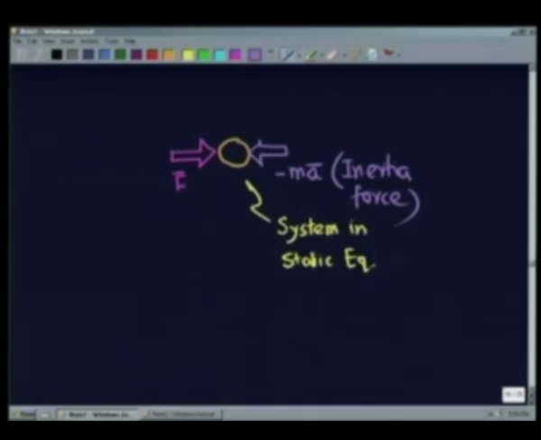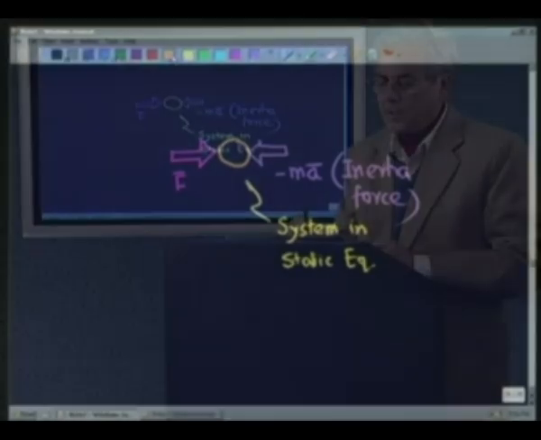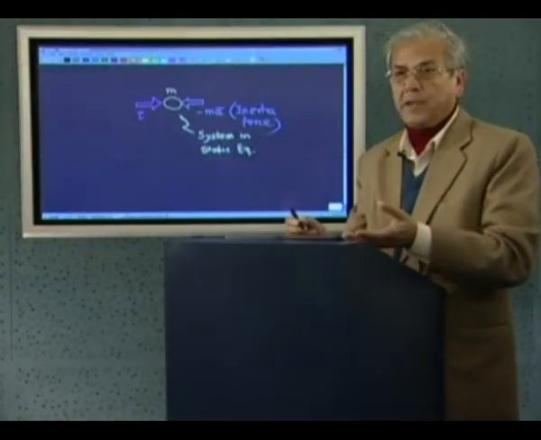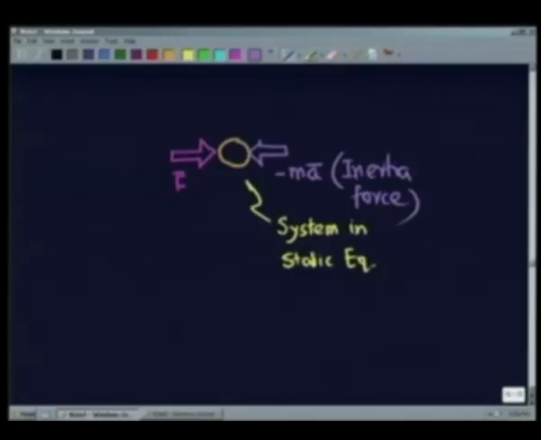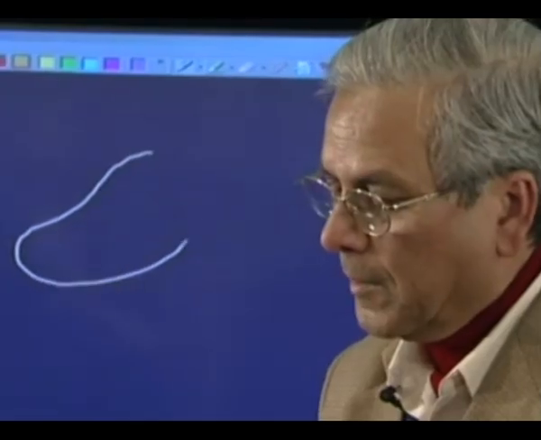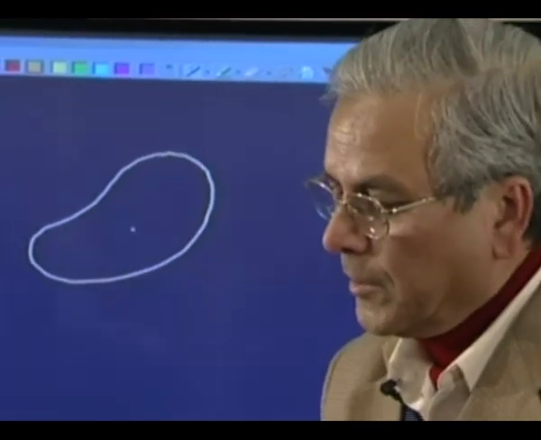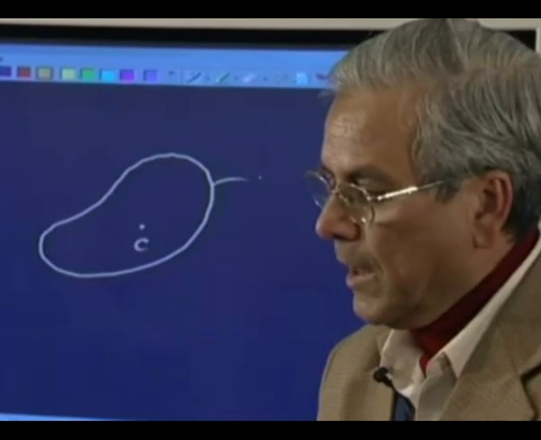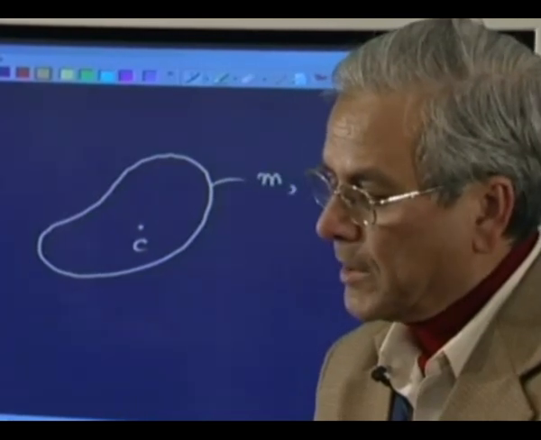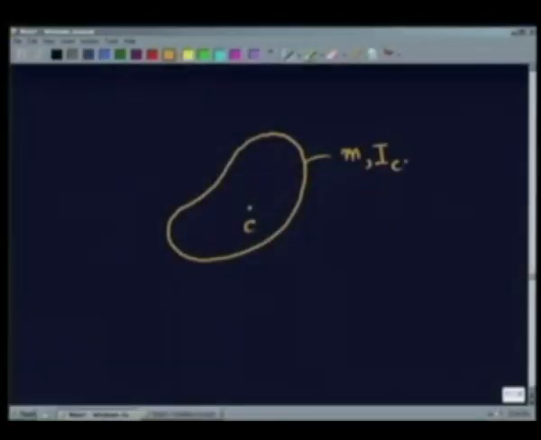Now, this is for a particle. Let us extend this to an extended rigid body. So we draw our old friend, the rigid body, whose center of mass is c, its total mass is m, and its moment of inertia about an axis passing through the center of mass is Ic.